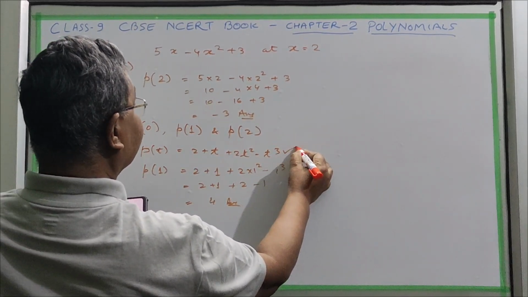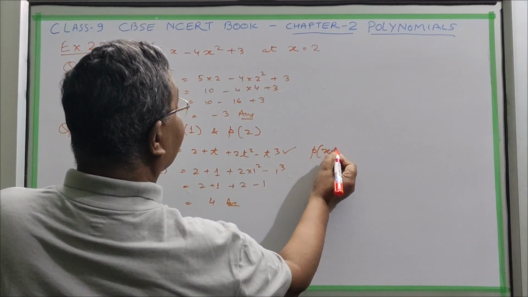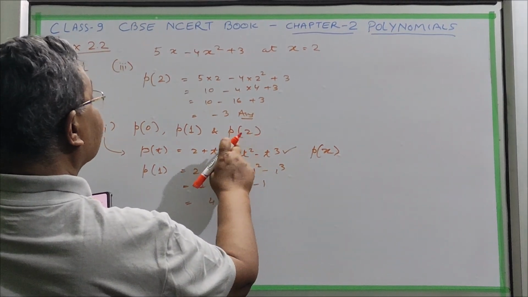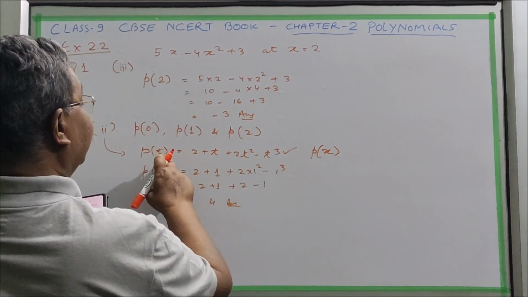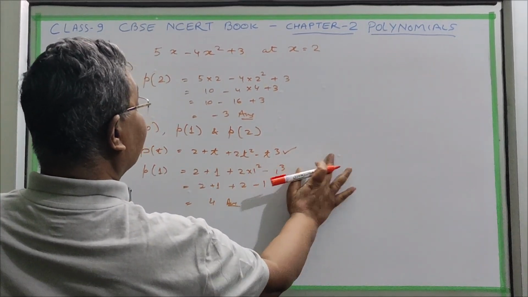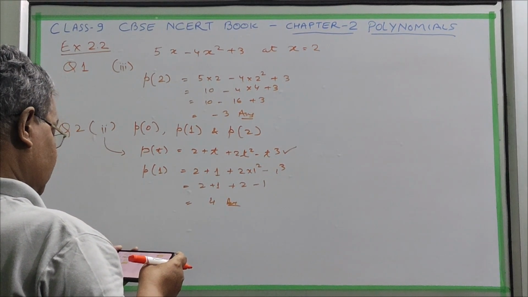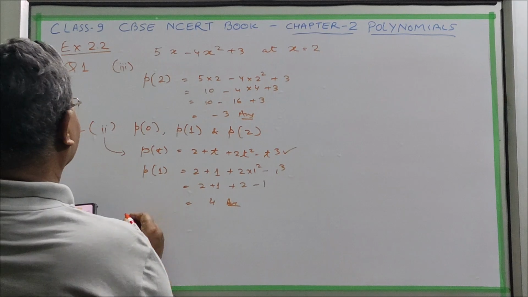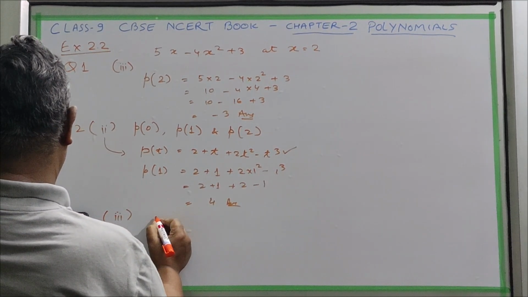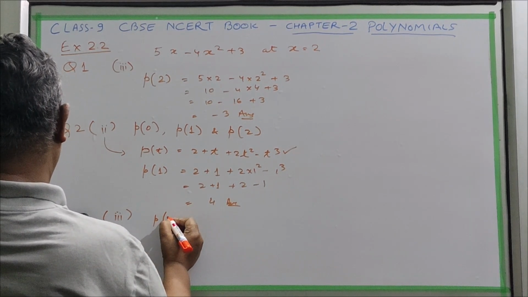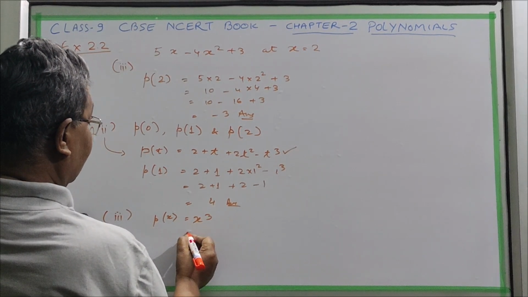This is the algebraic expression, known as p(x). When we change the value, suppose we are taking 2, then here we will write 2. Like p(t) means this is an expression of t. Here we will put 1 and then the answer will come. Likewise, we can take another, third one. p(x) = x^3.